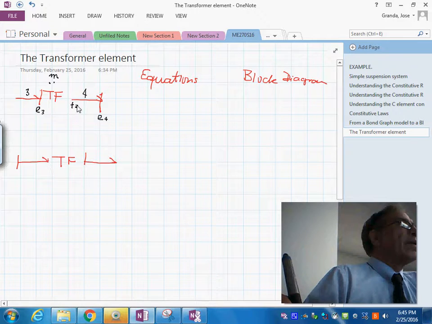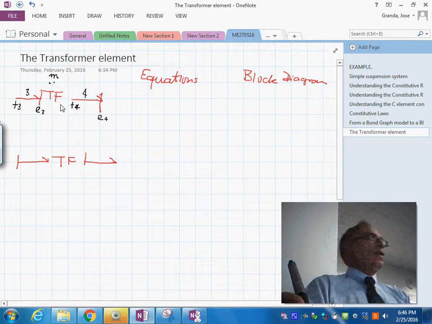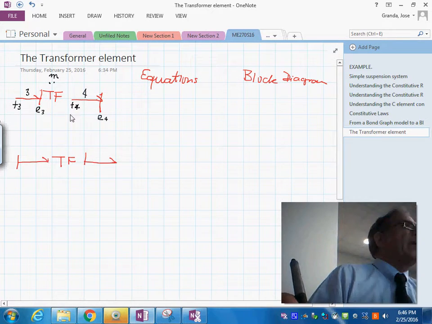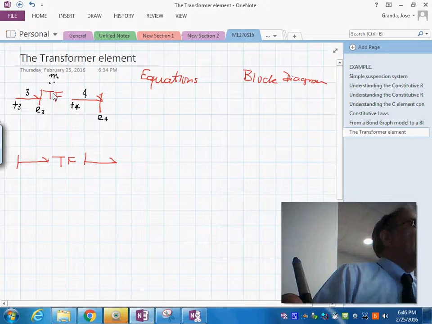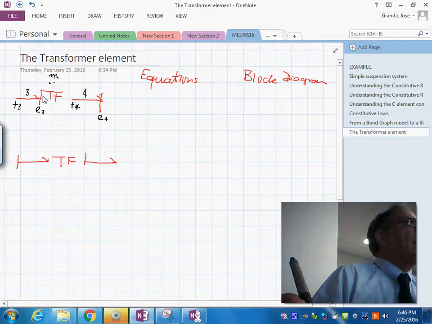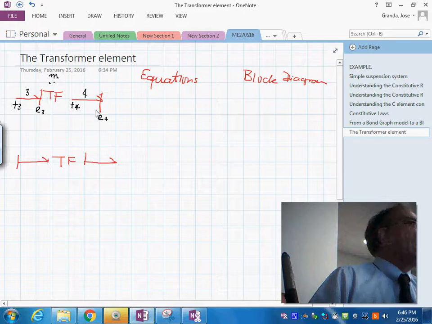And this is F sub 3. The reason I like that is because if you are facing the element, look at the left. There is an effort coming in. Multiply by the modulus M is the effort at the other end.